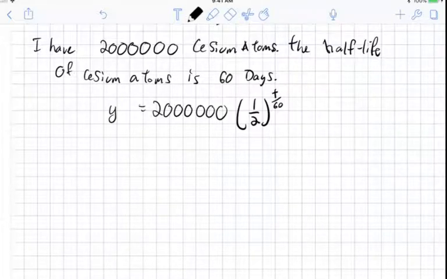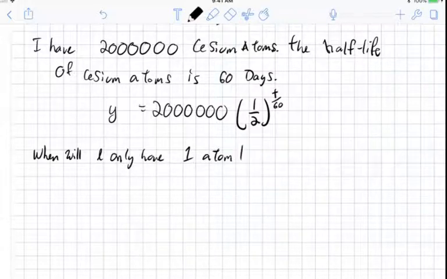And so, when will I only have one atom left? All right, that's a when question. How do I answer it? That's y is equal to 1. I'm given that.